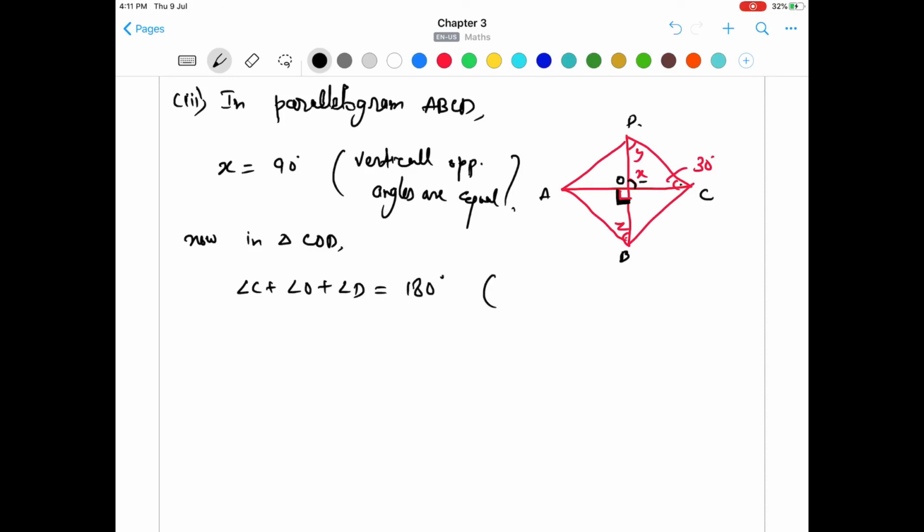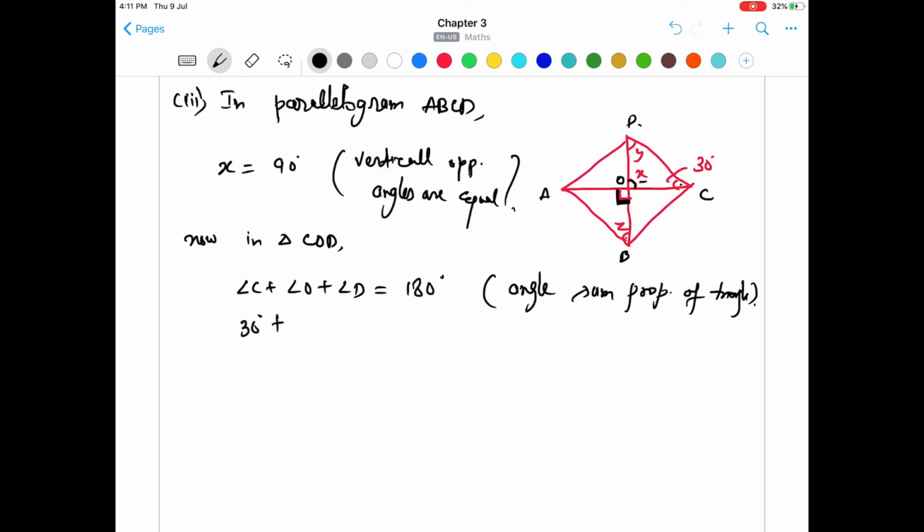This is the angle sum property of a triangle. Angle C is given, which is 30 degrees.